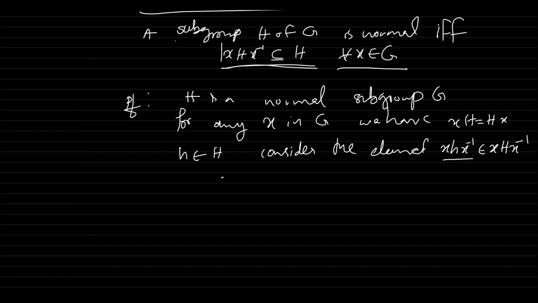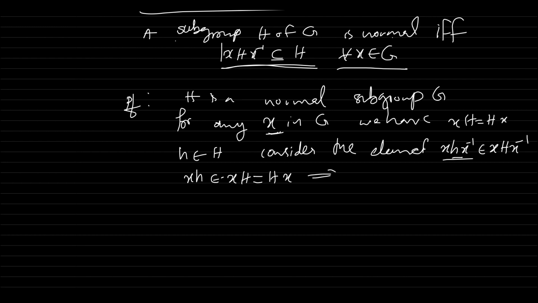When we consider this x and this h, we have xh belongs to the coset xH, and since H is normal, xH is equal to Hx.